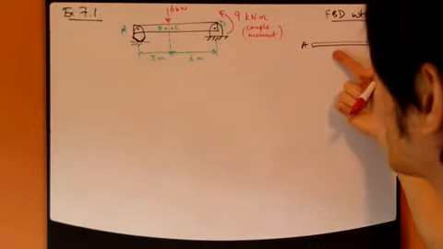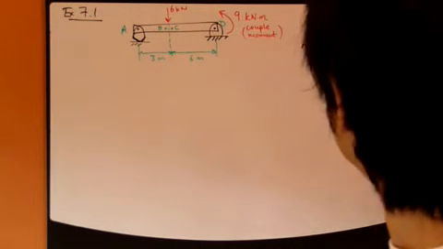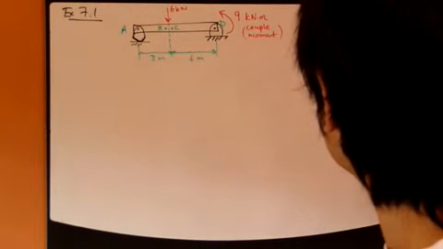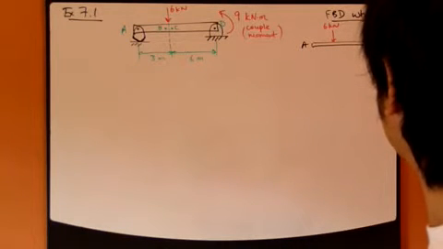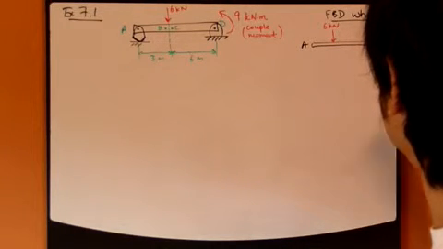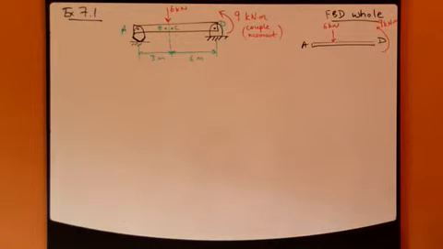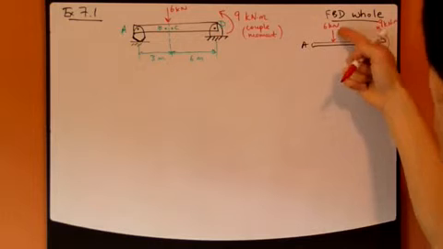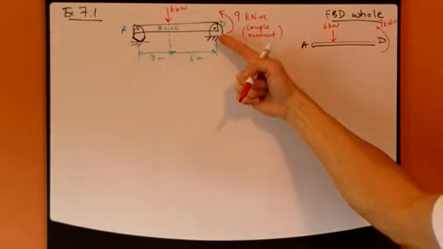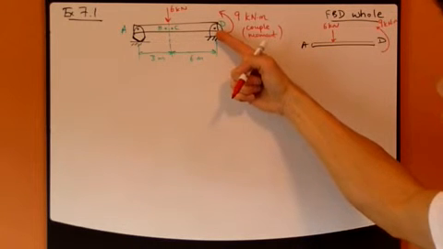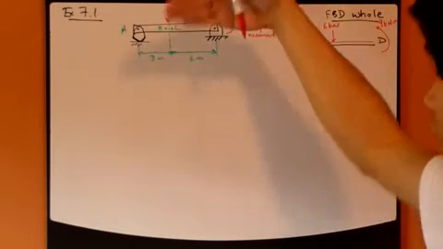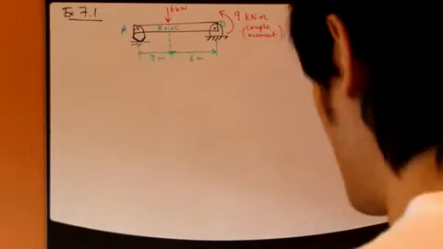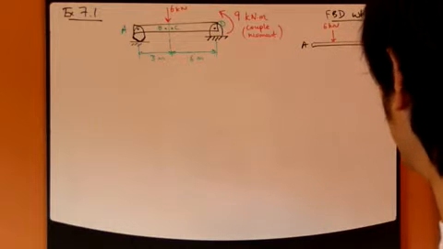So here we have 6,000 Newton, and we have 9,000 Newton meter of moment. These two are the externally applied force and moment. What else? Well, we have this connection right here. Since it's free to rotate, now we have a reaction force.